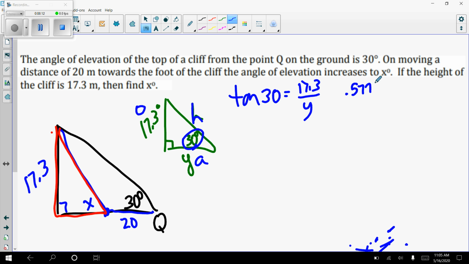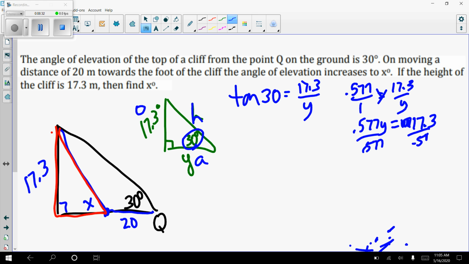So I get 0.577, and I'm just going to put that over 1, 17.3 over y. So I cross multiply. I get 0.577y equals 17.3. So if I divide by 0.577, 17.3 divided by 0.577 is basically 30. Okay, so y is 30.